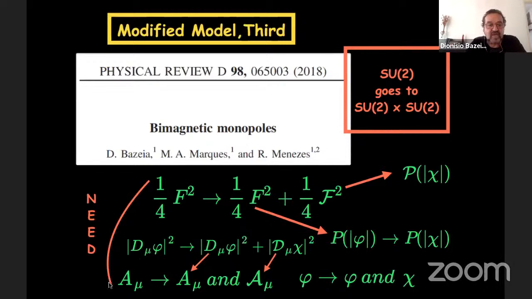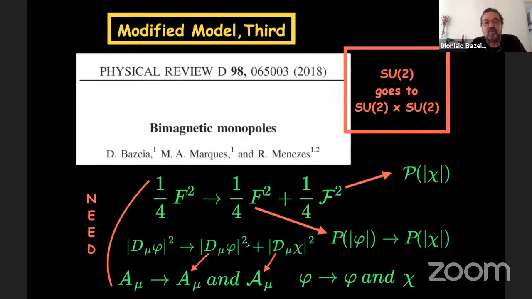And we need to change the gauge field to two gauge fields, one for F and the other one for calligraphic F. We did the same for the derivative of the field. Okay. We changed it with two derivatives, one using the A field and the other one using the calligraphic A field.